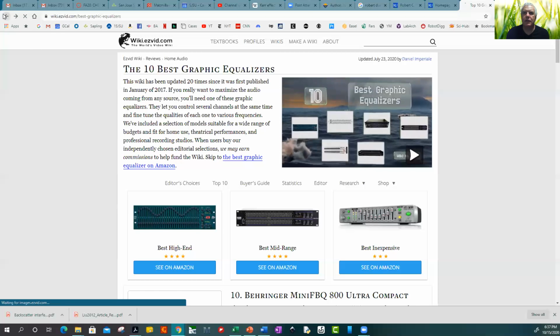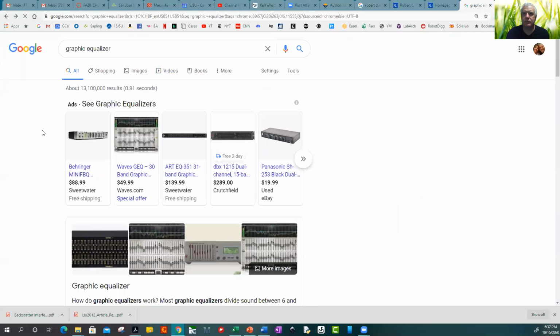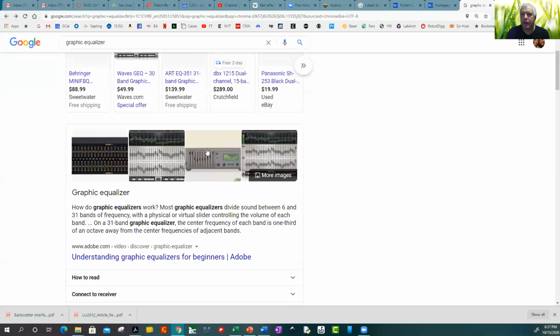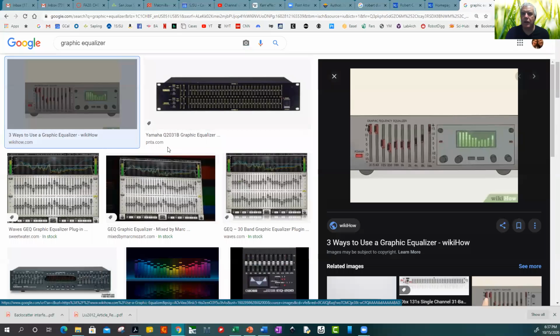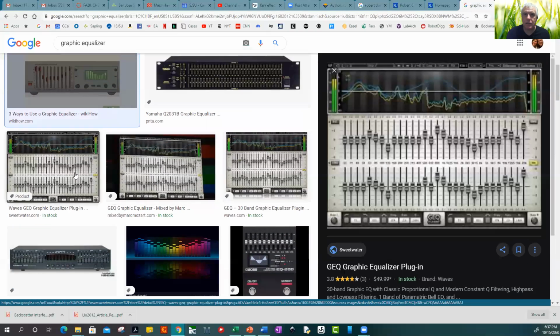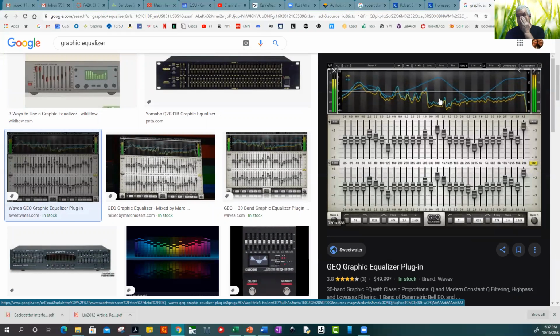Yeah, here's one right here. See how there's this bar graph, and this shows the gain at different frequencies. They got the bass turned up, the mid range is turned down a little bit, the high frequencies turned up. And if you got a ton of channels, you can show a ton of different frequencies.